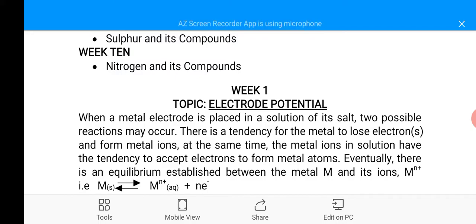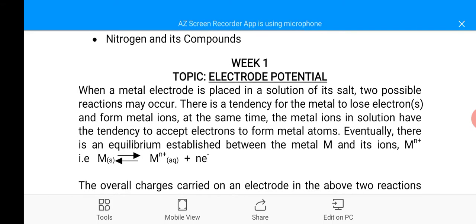Taking for instance, when a metal electrode, be it a rod or a plate, is placed into a solution of its salt, two possible reactions may occur. One of the first reactions that we can see is that there is a tendency for the metal to lose electrons and form metal ions.